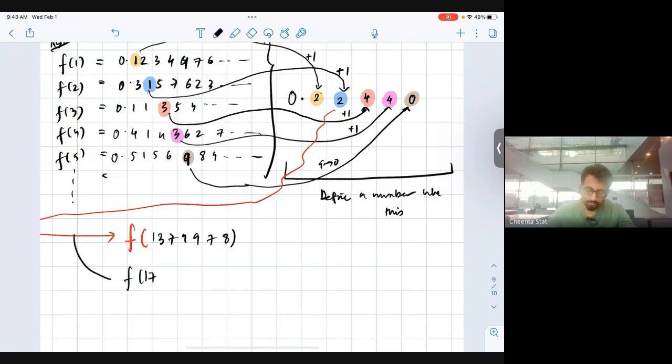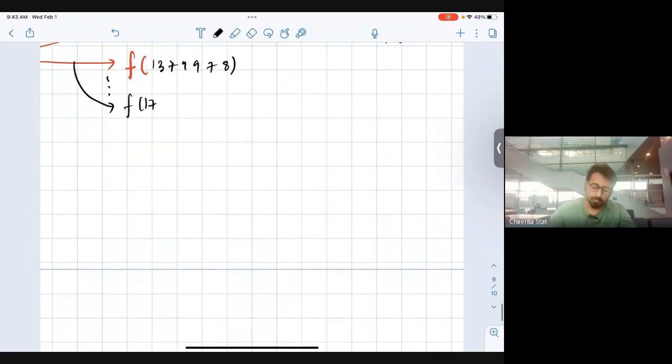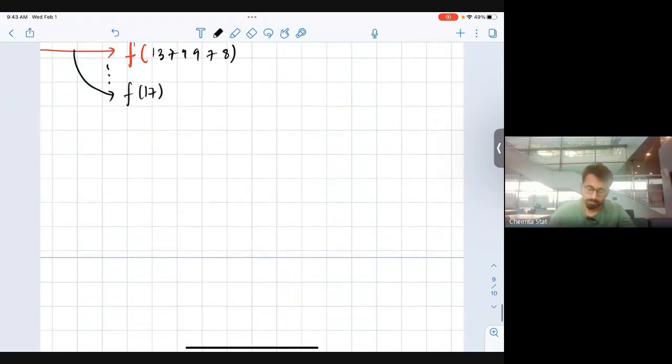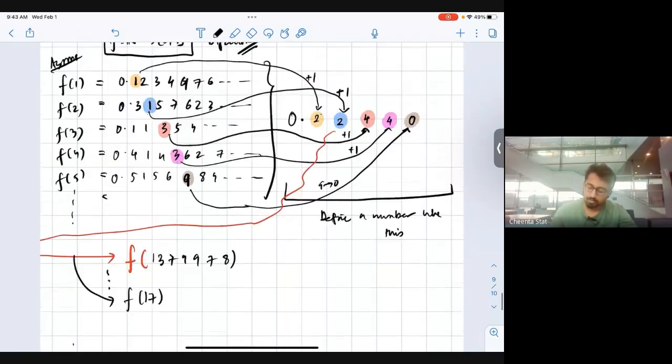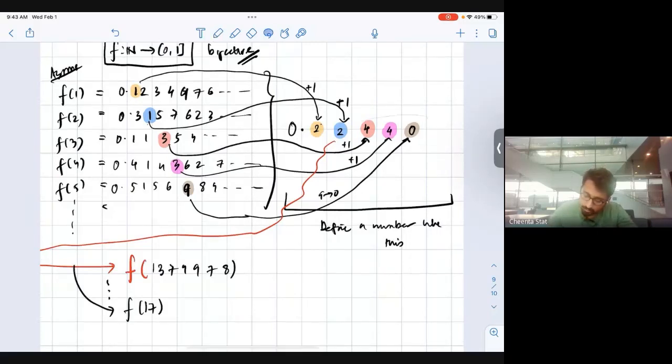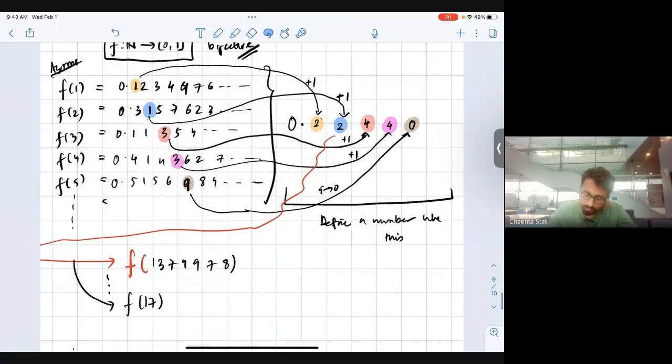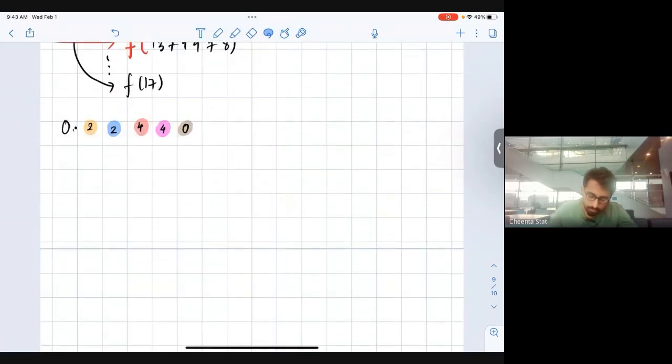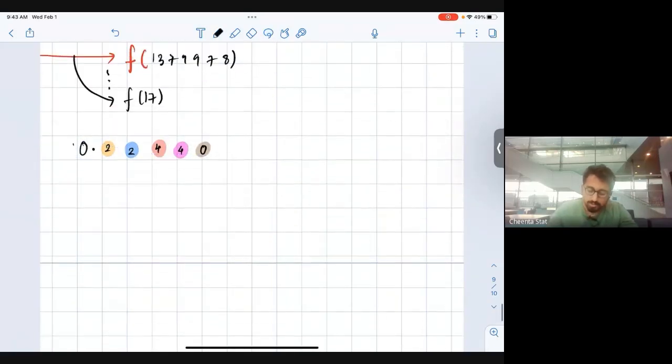Now the contradiction comes here. So how is it defined? Let's assume it's 17. f of 17 is equal to this.